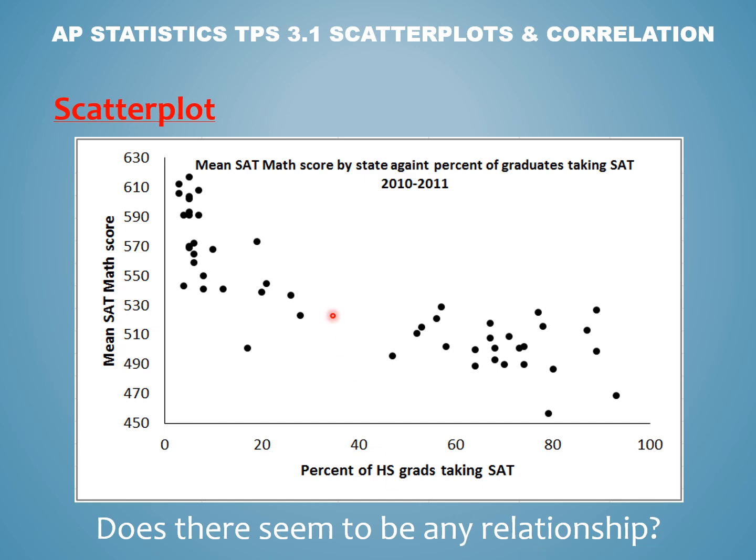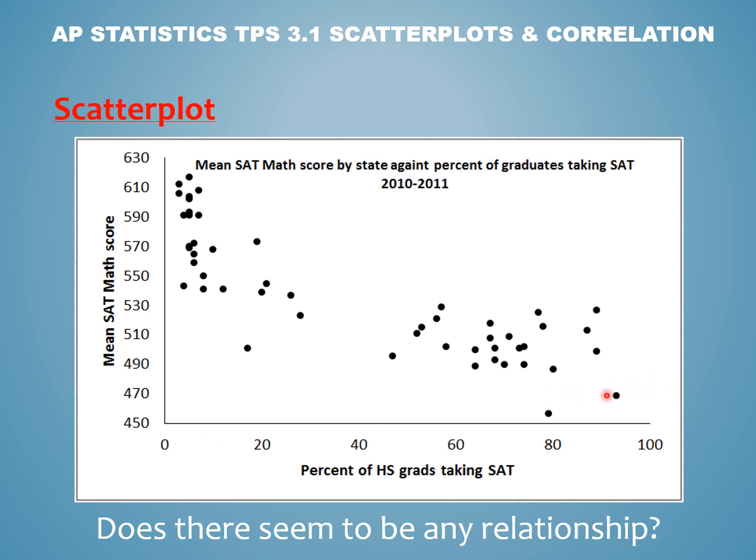Well, you notice all these points up here, those are really high mean scores. But if you look at what percent took it, probably less than 10% of the students in those states took the SAT. So you would expect if fewer people took it, the mean score would be higher. It kind of makes sense. Not everybody's taking it, just the people who are really prepared for college and plan to go to college, and they score higher.